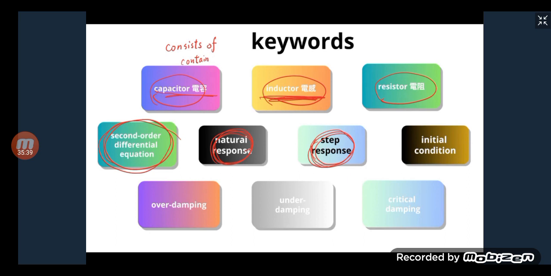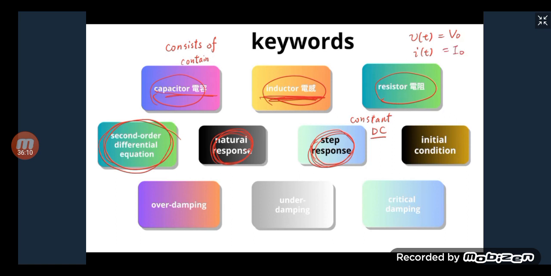But what's important is that the sources we are discussing are usually constant source, or we say a direct current source. It means that v(t) and i(t) are both constant.